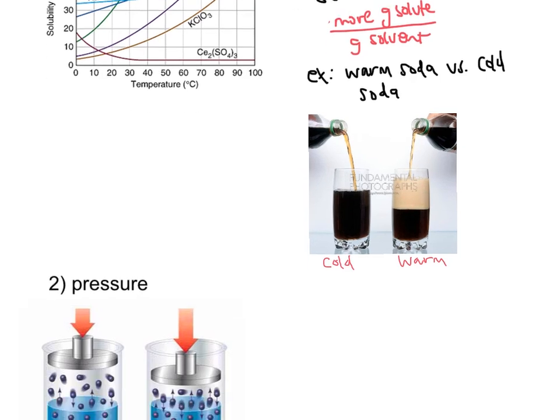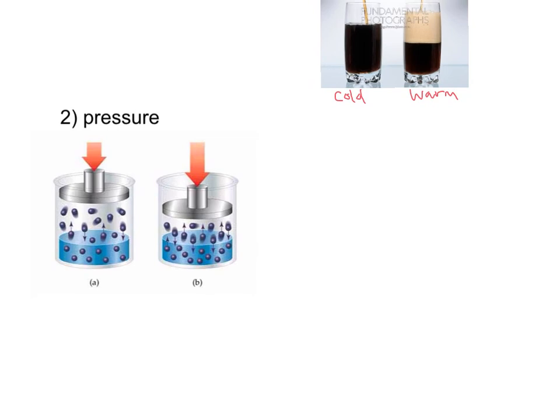All right, and last but not least, pressure. How does pressure affect solutes? Well, pressure, first of all, only affects gaseous solutes. And so you can think of, again, soda. How do they get those carbon dioxide molecules into the solution? They pressurize it, and that just literally pushes the gas molecules into the solution and keeps them there.